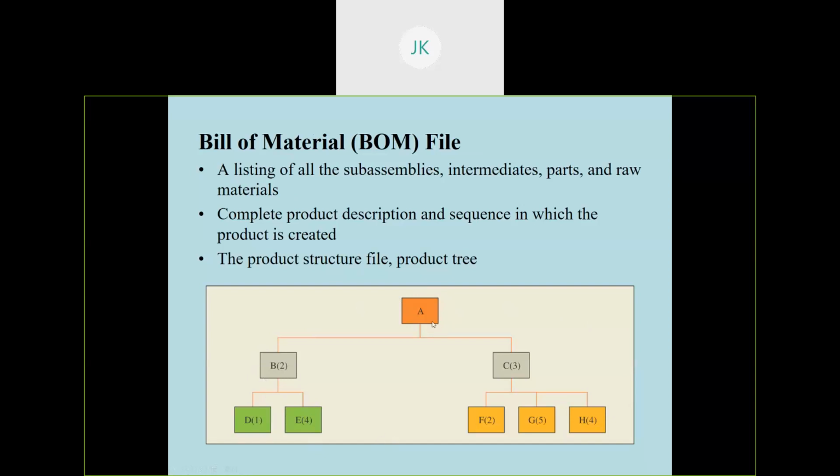So finished product A needs 2 of B component and 3 of C component, and then each of components B and C needs 1 D part, 4 E parts, and so on. So using this BOM, we can see the structure of the finished product and what kind of parts or components we need.